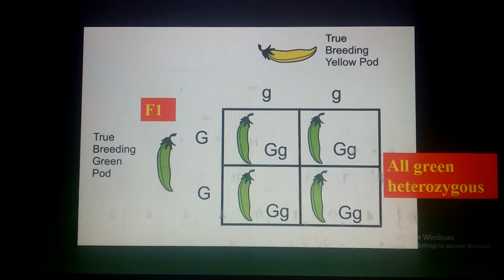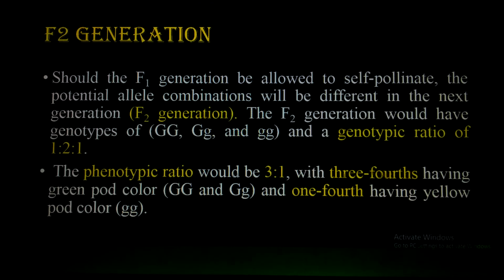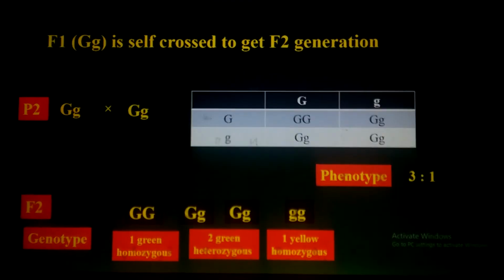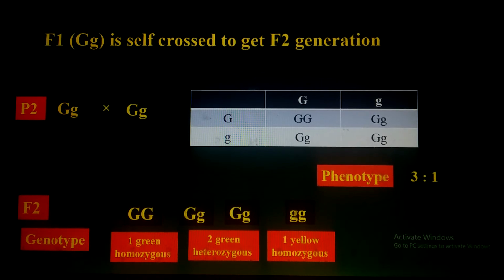Is it clear? Okay. Now the F2 generation. The F1 generation should be allowed to self-pollinate. Now, how is it possible? I will show you. The potential allele combinations will be different in the next generation. You can see here the F1 generation, that is the heterozygous green. A heterozygous green pod plant F1 is self-crossed with another F1 plant.